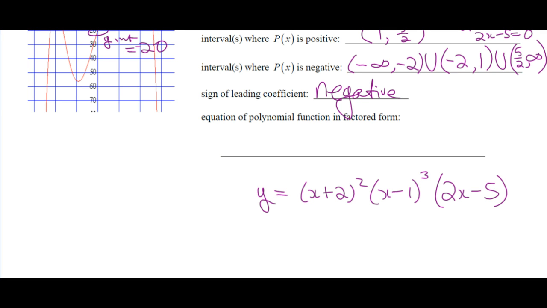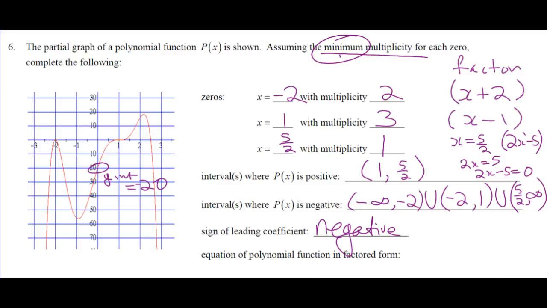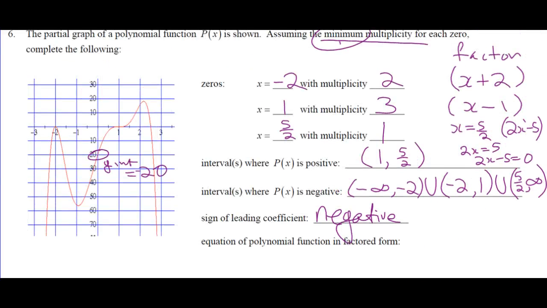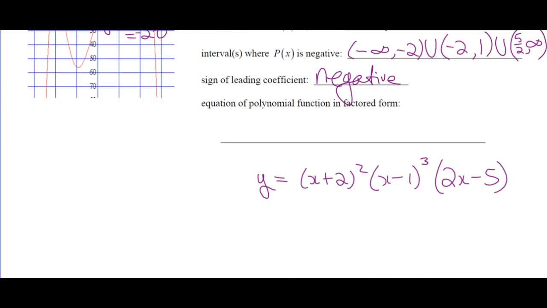Okay, what's this y-intercept? So we've got 4, negative 4, and then positive 20. Is that positive 20? No, that should be negative 20. Okay, so that's 4. That'll be negative 1, negative 4. Okay, oh, but we know the leading coefficient is negative, right?